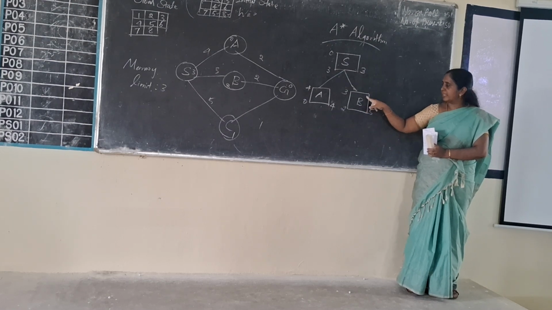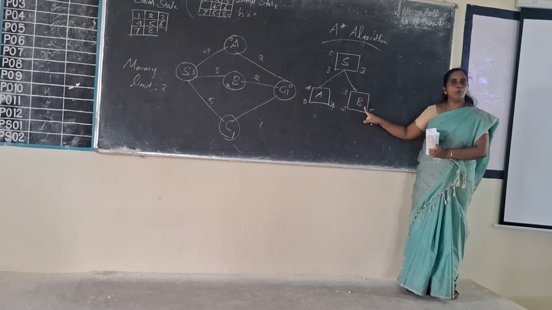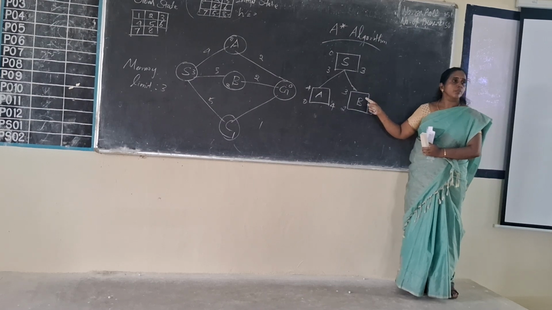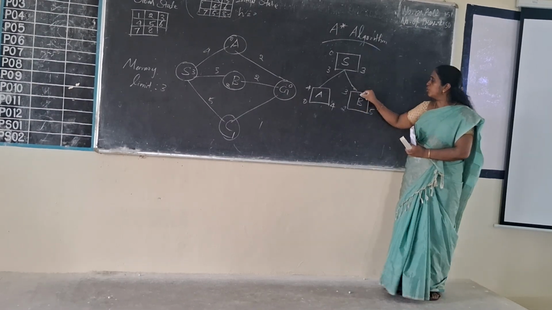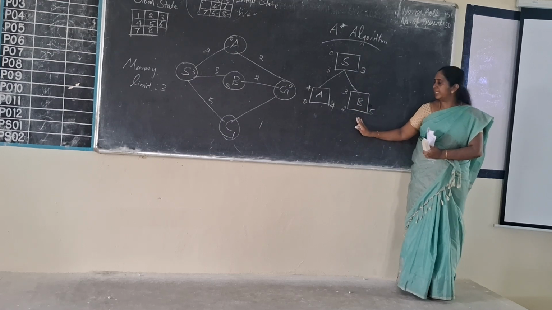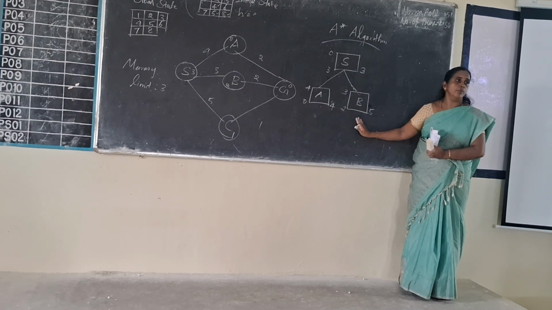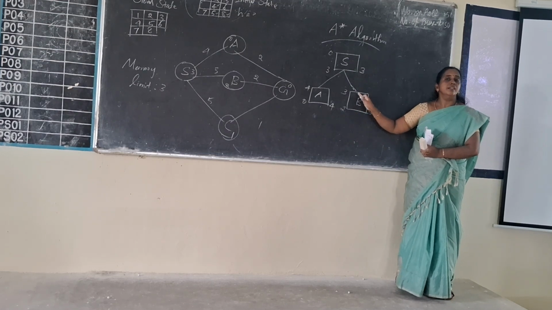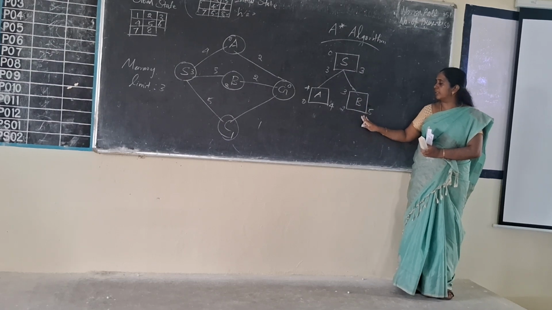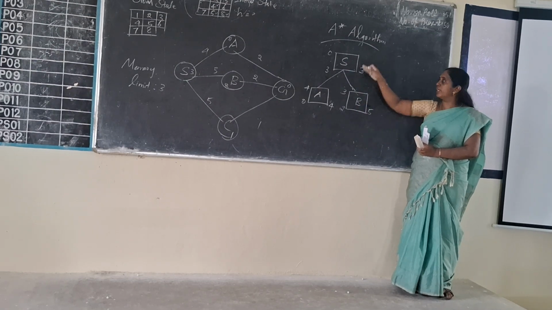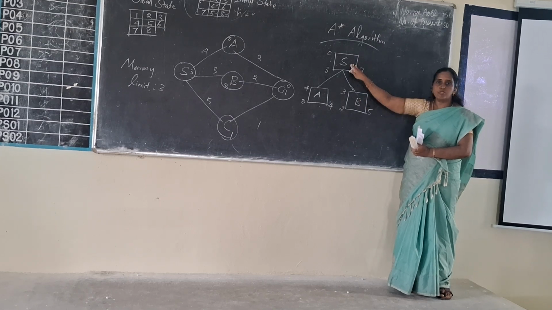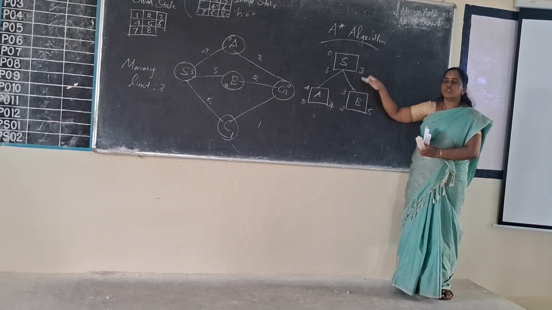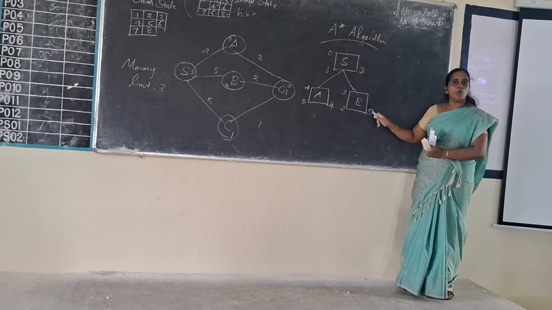So this node can be removed, then you can include node C. While removing, this node is considered a forgotten node, and the f value of this forgotten node is stored in its parent. So in the parent node, you store the f value of this node.